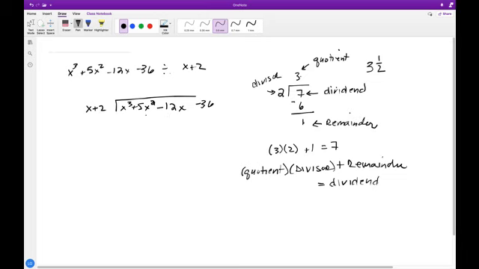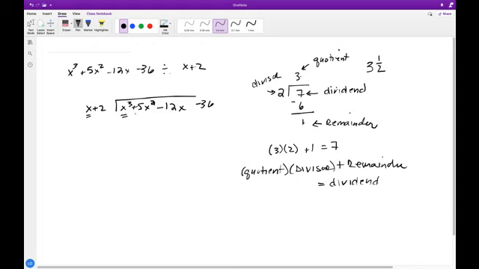So we apply that same logic to the polynomial long division. It's the same algorithm. Okay, so when we start, I would say make sure your terms are in descending order, and take the leftmost term of the divisor into the leftmost term of the dividend. So really, x goes into x cubed how many times?